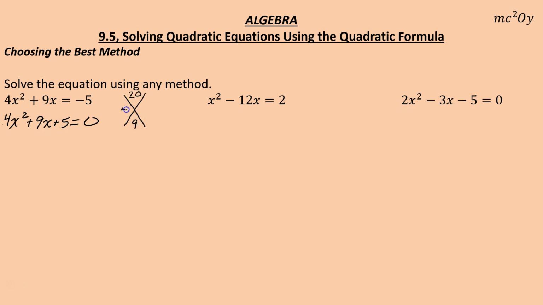Well, I recognize that 4 times 5 multiply into 20 and add to 9. Okay. Well, the next thing I have to do is divide by my A term. So I'm going to divide by 4. Okay, well, 4 fourths is 1, and 5 fourths I can't reduce.